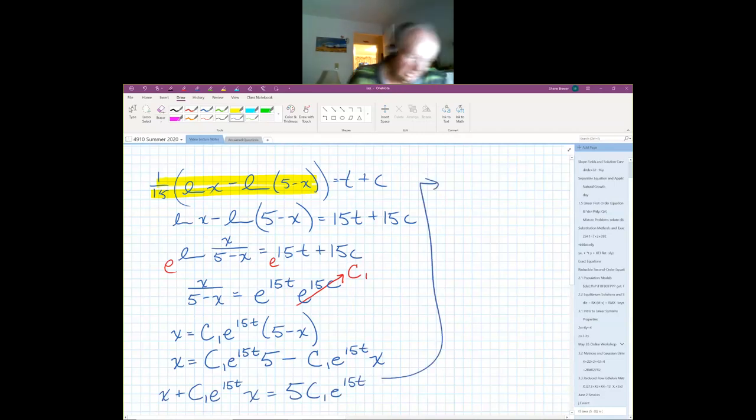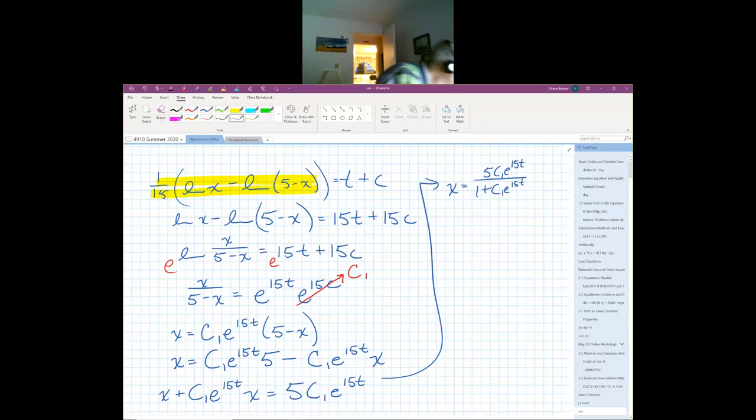Let's use this unused space up there. Factoring out the x and moving to the other side, we have 5 C sub 1 e to the 15t over 1 plus C sub 1 e to the 15t. See, just one constant because we kept it through.